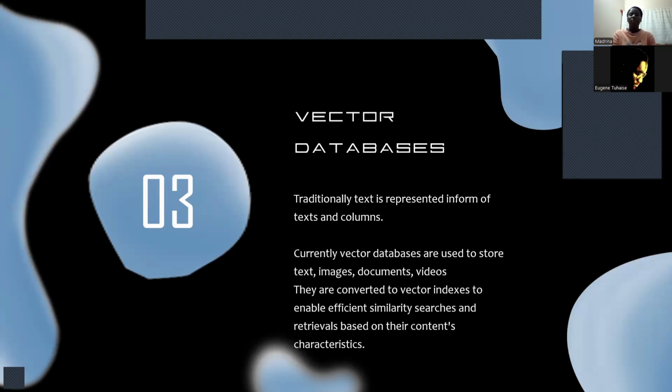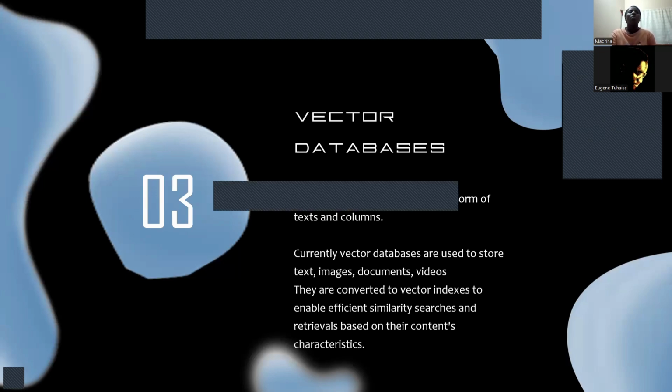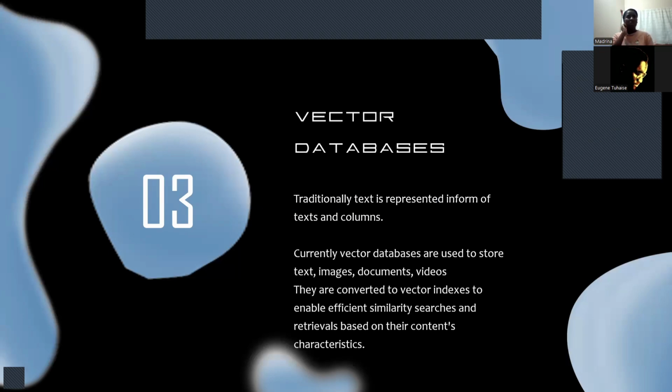When the image is converted to vector indexes, large information can actually be stored, and when you're searching on the web, it's easy to get similar results. For example, when you type something like cow in a Google browser, it's going to bring you many different types, like cows with black spots, with brown spots, and many more.